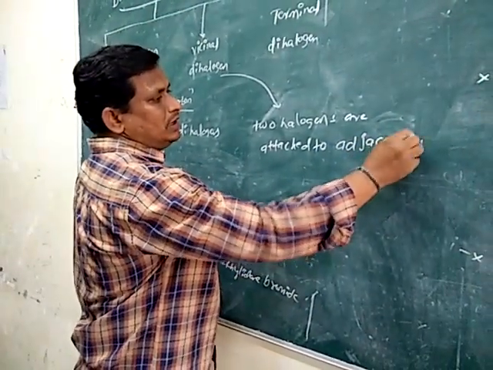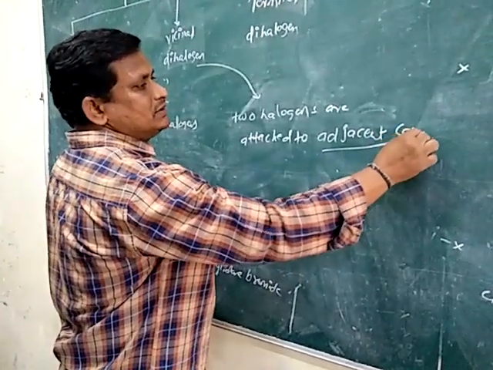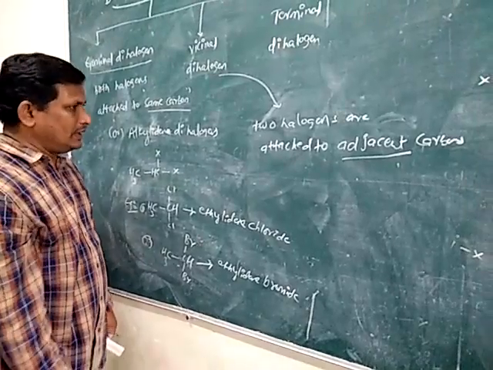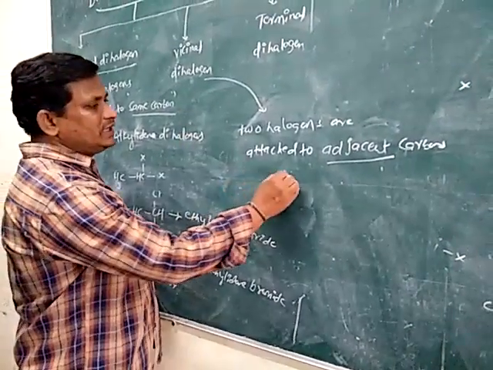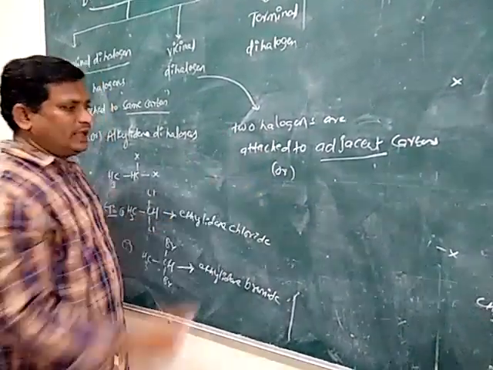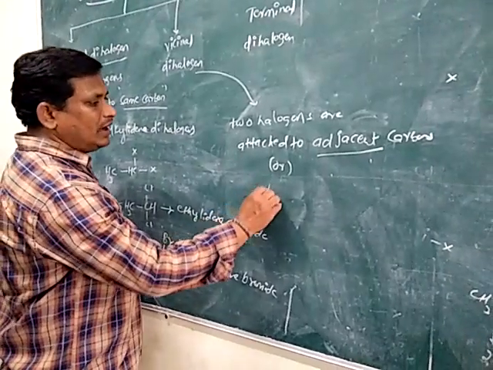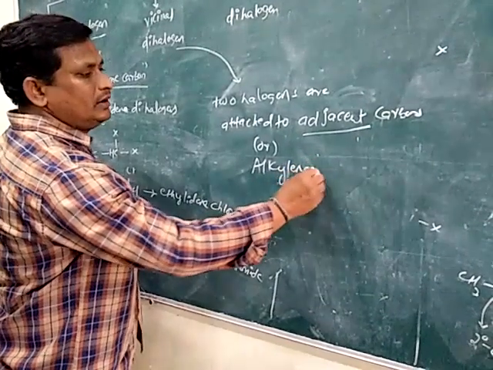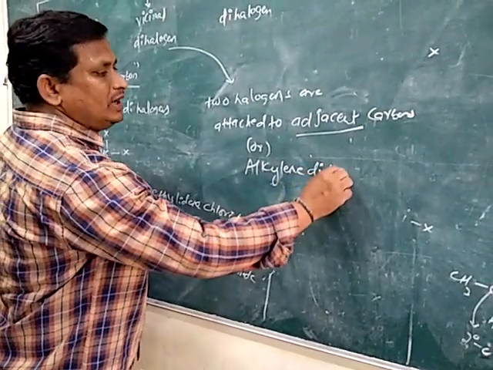Adjacent carbons is called vicinal dihalides. These vicinal dihalides are also known as alkylene dihalides.